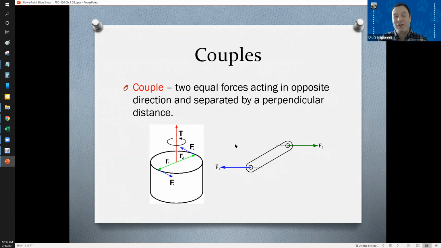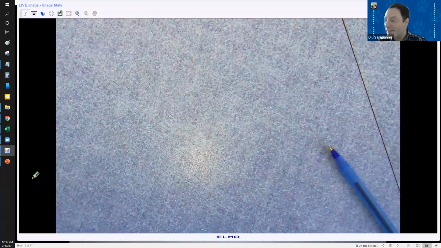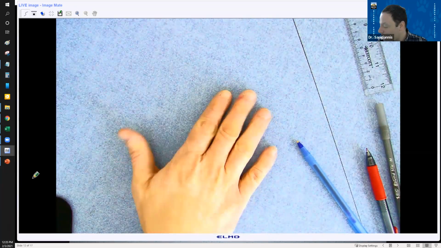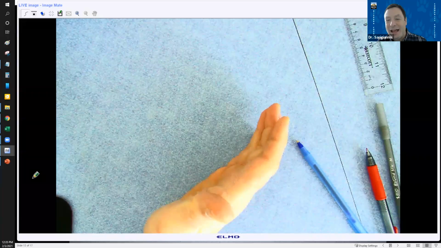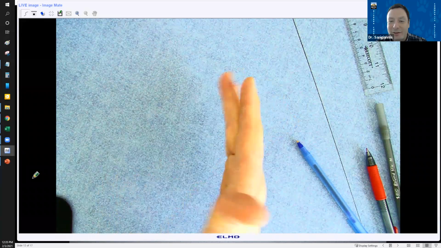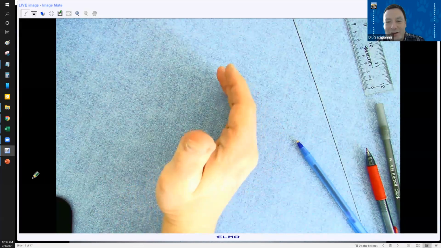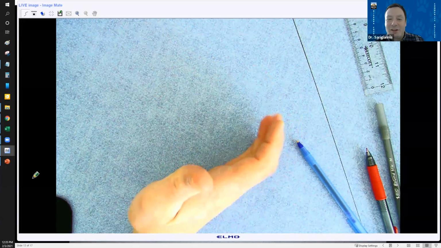If any of you have taken physics, do you remember the right-hand rule? You take your right hand, and if you have one vector acting this way, and you cross it with another vector acting this way, the cross product of those two vectors looks like this.